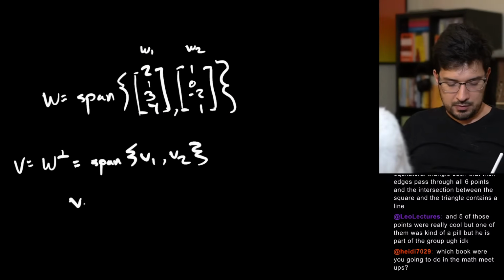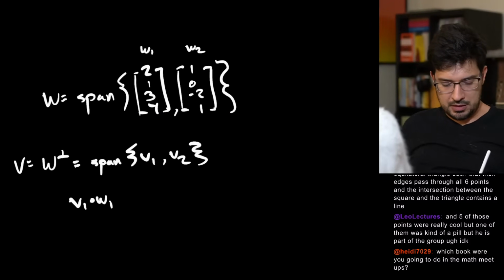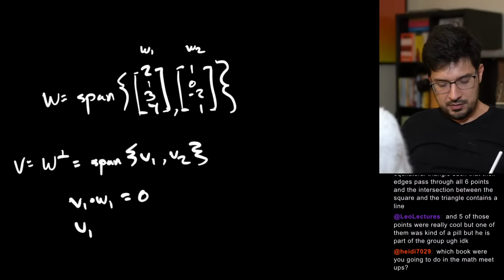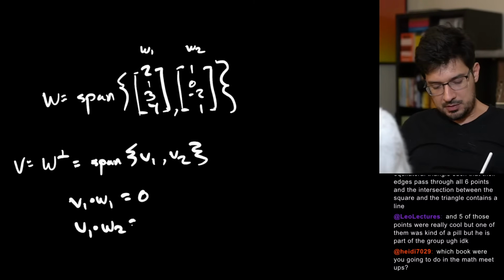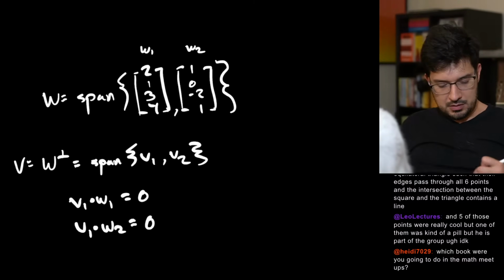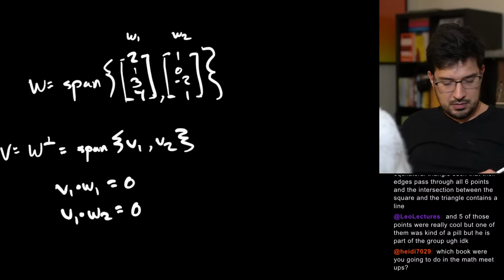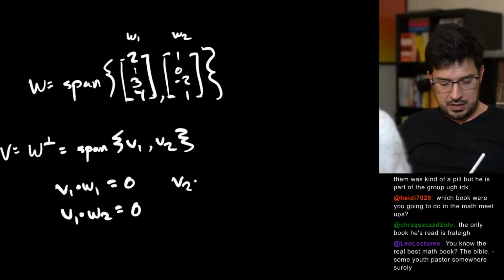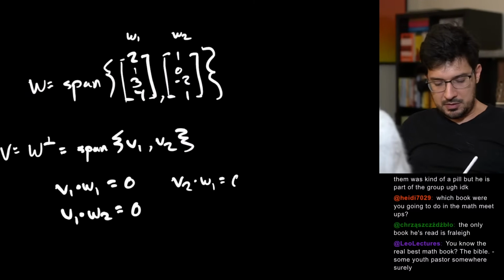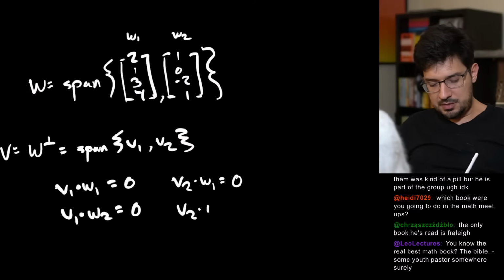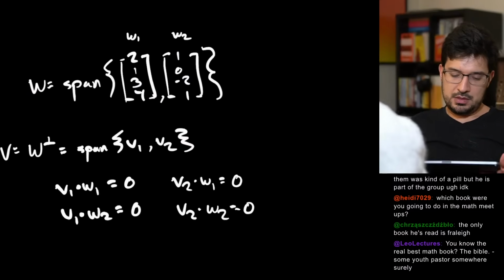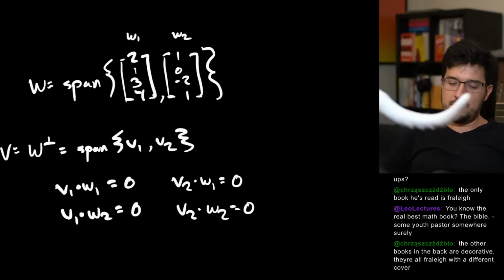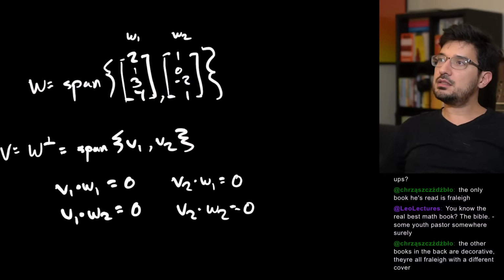Then I know V1 dot W1 is 0. V1 dot W2 is 0. V2 dot W1 is 0. And V2 dot W2 is also 0. These are all facts.